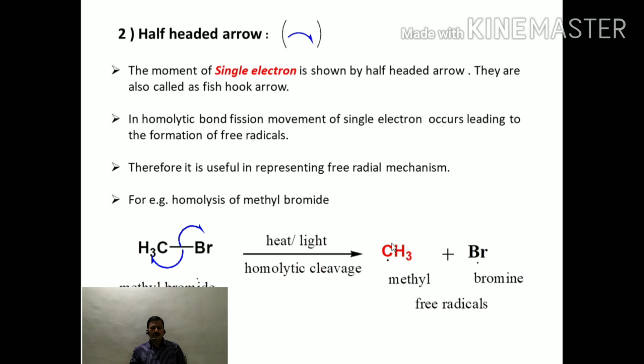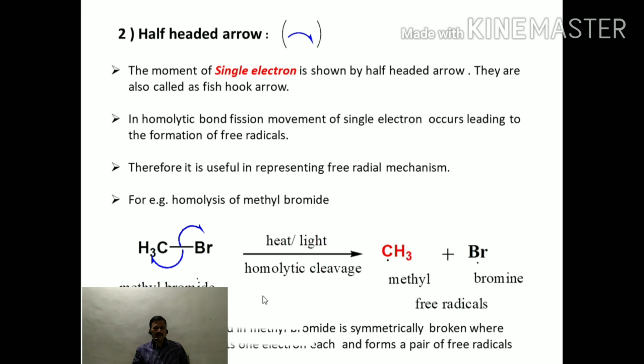In conclusion, what we can say is the carbon bromine bond in methyl bromide is symmetrically broken, where the combining atoms get one electron each, and therefore this pair is called free radicals.